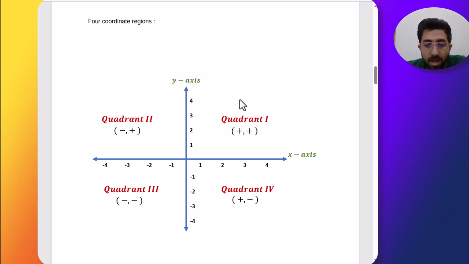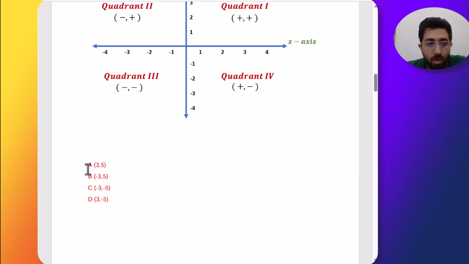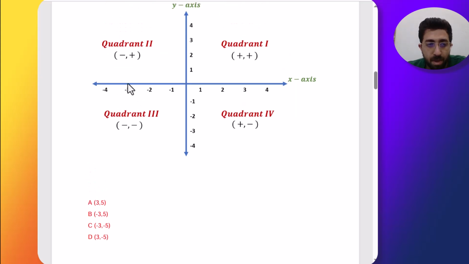Any point in the first quadrant has a length and width greater than 0, like point A. And any point in the second quadrant has a length less than 0 and width greater than 0, like point B.